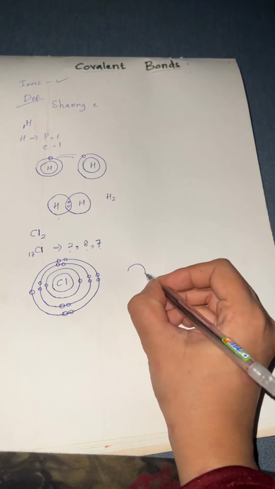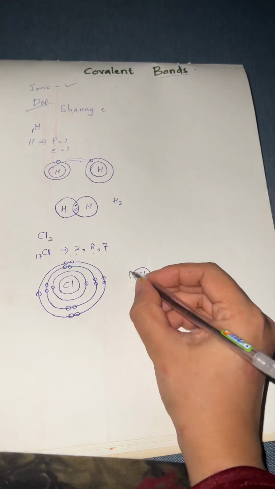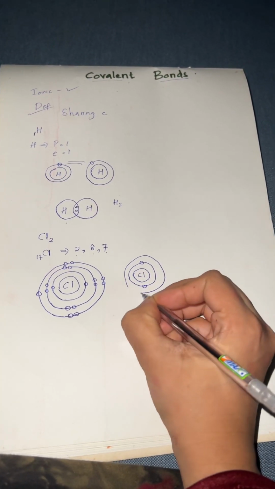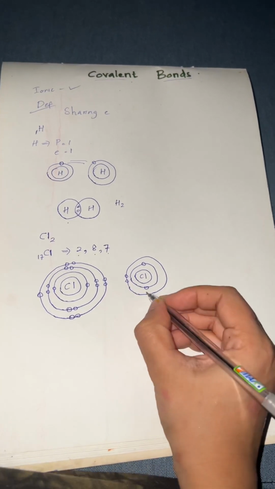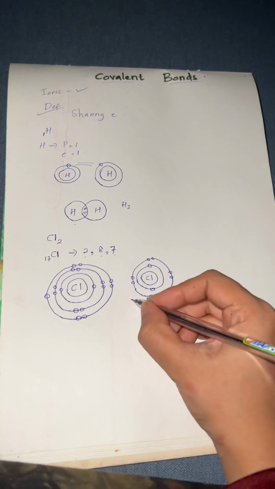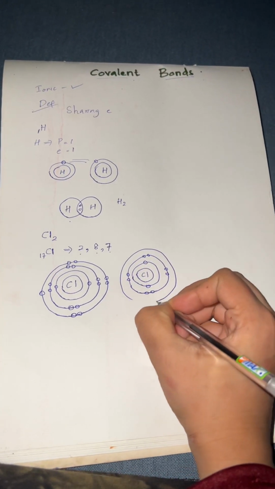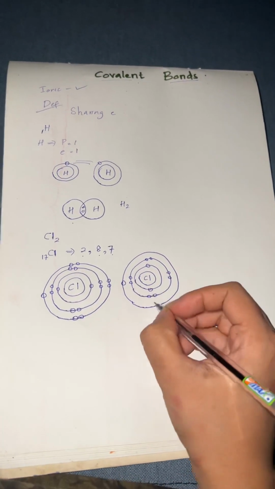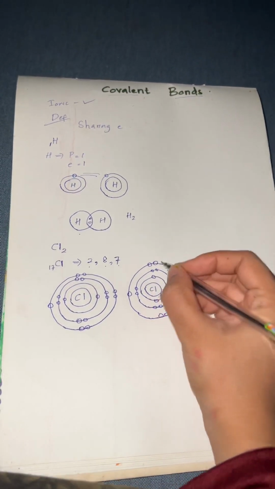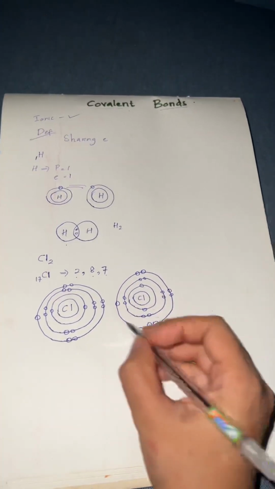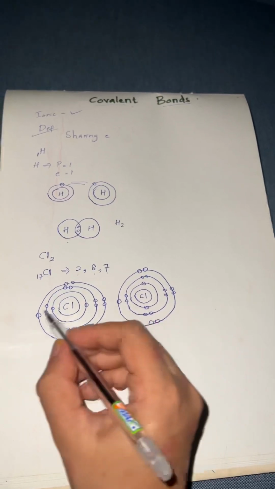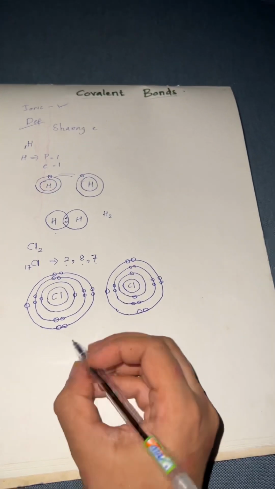Likewise, if you take another chlorine, the same thing applies: 2, 8 and 10 here. The final orbit, called the valency shell, has a single unpaired electron. There are 7 electrons with 1 unpaired, and here also 1 unpaired, so they both share with each other.